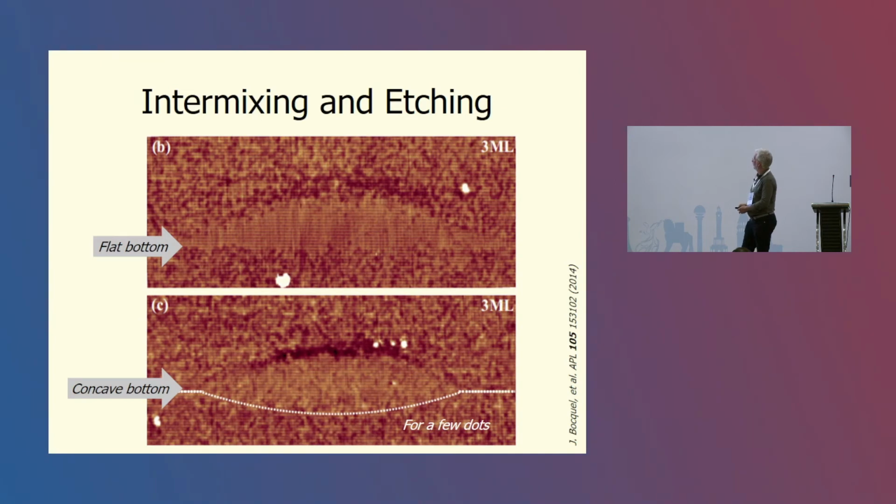A beautiful example is also shown over here in these dots from Milano. A gallium arsenide, almost pure dot here, but sometimes these dots start to etch into the substrate. We see here now that there is a concave bottom, and we see lots of aluminium atoms inside the quantum dot. So intermixing and etching often go together.